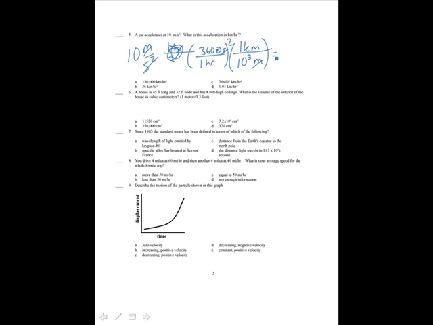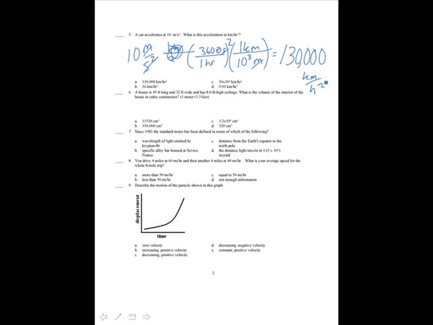And if we do this, we get 10 times 3,600 squared divided by 1,000. Get 129,600, but with proper sig figs, 130,000 kilometers per hour squared.